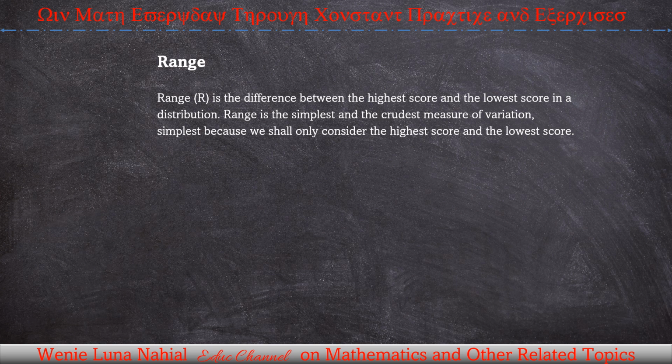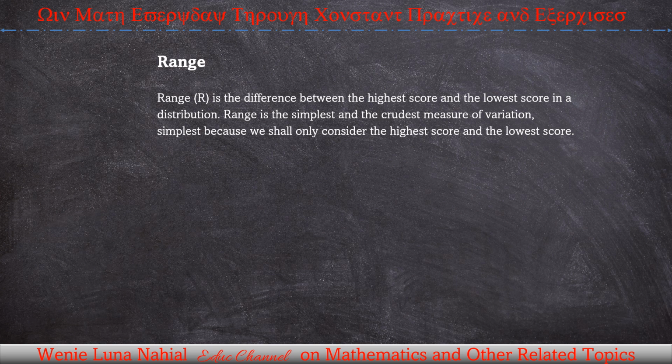Simplest because we shall only consider the highest score and the lowest score. So given the data points, all you have to do is pick out the smallest score or observation and also the highest observation. So take their difference, subtract the smallest observation from the highest observation.